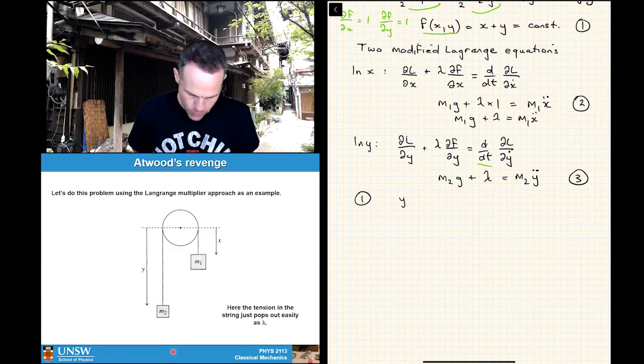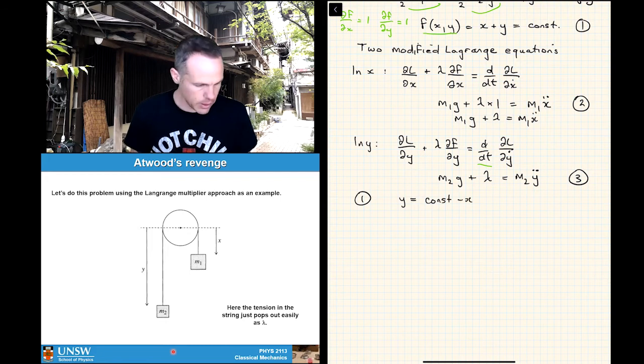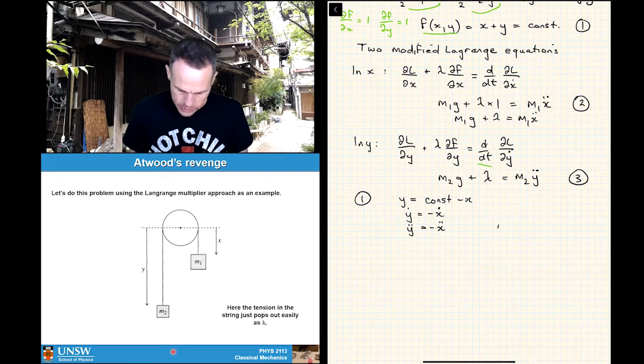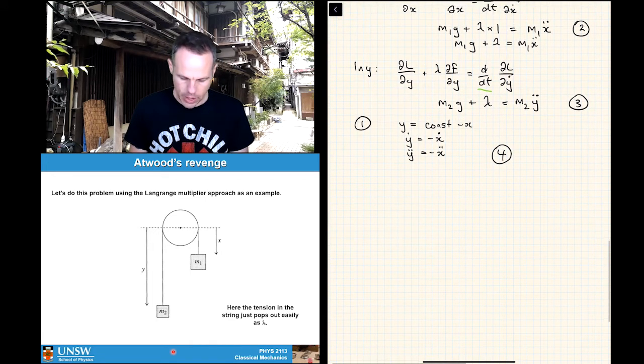So we've got y equals a constant minus x here. We can take the time derivative of both sides, so what we'll have is y dot is equal to minus x dot. And we can take the derivative of both sides again, and what we've got is y double dot is equal to minus x double dot, okay? And let's call this 4 for the moment, just to keep track of this.